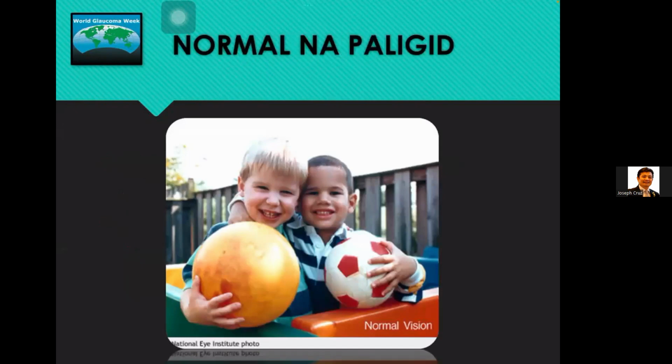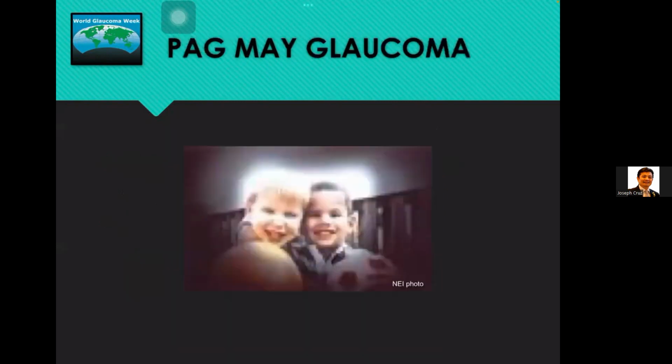So kung ito pong nakikita ng normal na mga pasyente natin, ang mga pasyente naman natin na may glaucoma, makikita po natin na ang tagiliran ng kanilang mga paningin ay malabo po. So karamihan po yung mga advanced type na glaucoma, their peripheral vision goes first, and therefore some of these individuals are really prone to develop accidents kasi po hindi nila nakikita yung mga kanto at yung mga gilid po.